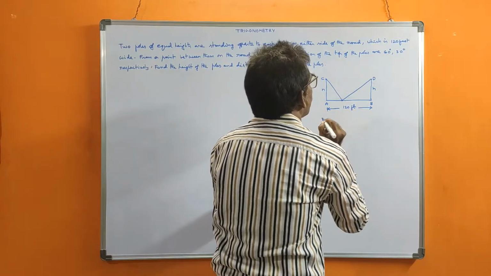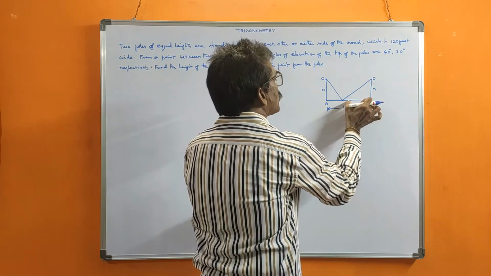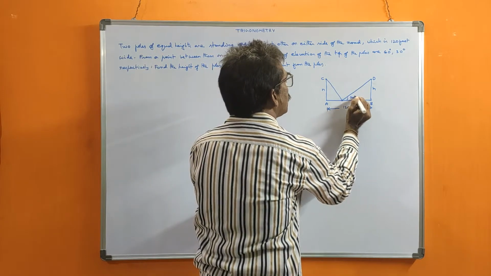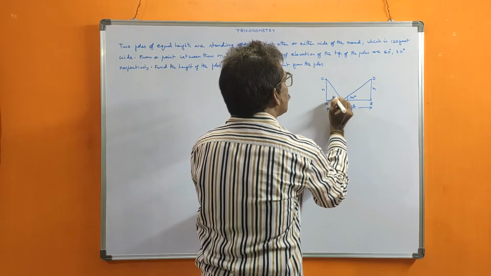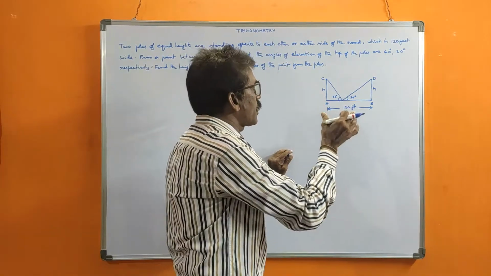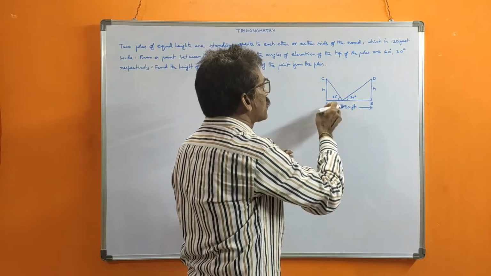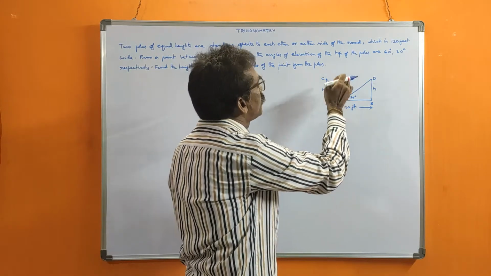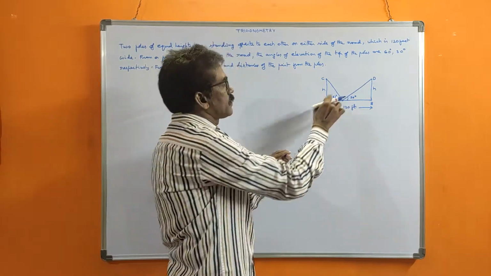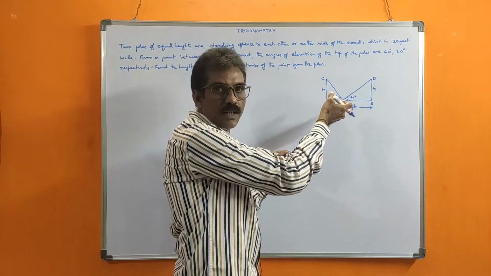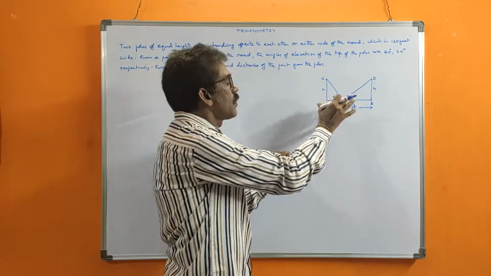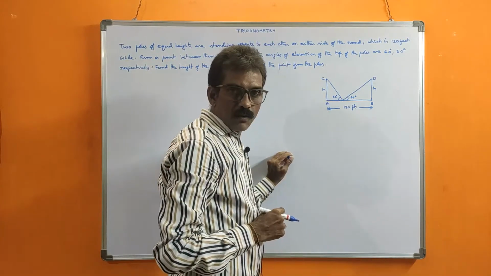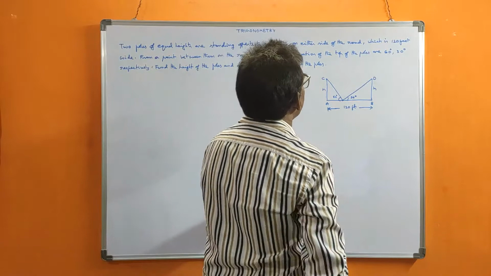If the distance is long, you take 30, and for the short distance you take 60. Because for approximation, when the distance is long the angle should be less, and for the near distance this should be 60. This is not an exact figure, but for proportion we should clearly mention it.